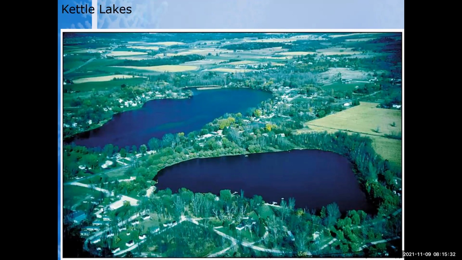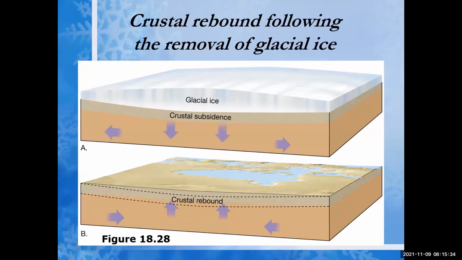All right. Ice is really heavy stuff. So the addition of ice to the landscape can actually cause Earth's crust to reshape. This is something we call isostatic loading.